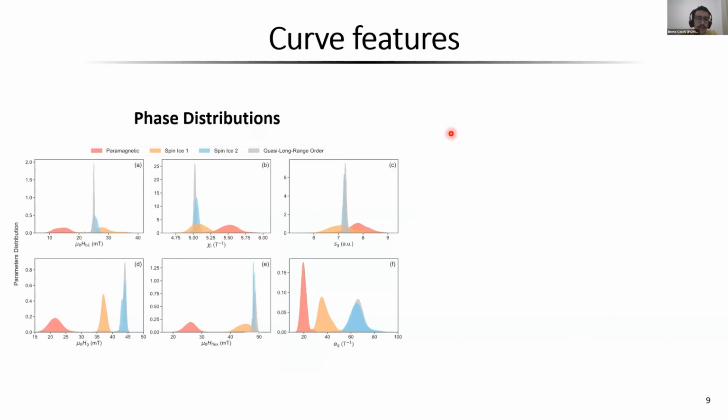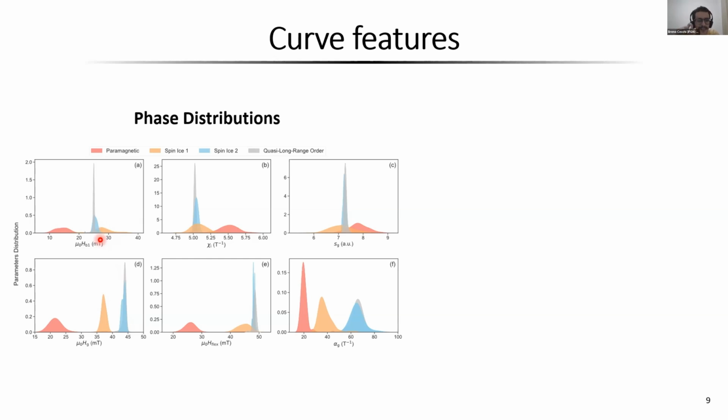And here I'm showing the distribution of the 6 parameters for each phase. So in a general manner, we can see that the paramagnetic and spin-ice 1 distributions are well separated from one another, which makes sense. Whereas the spin-ice 2 and quasi-long-range order distributions again show an overlap, but we can see that quasi-long-range order tends to be sharper.